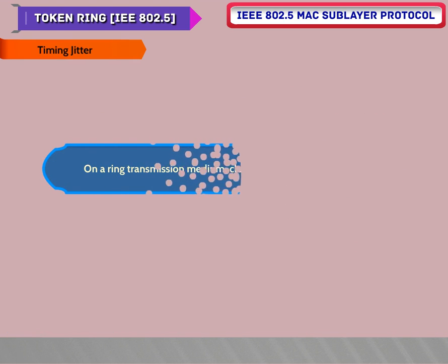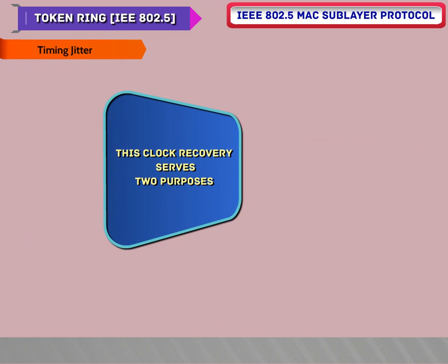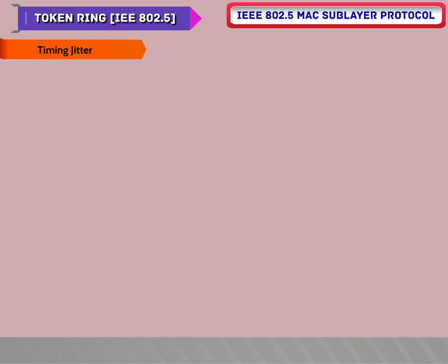Timing jitter. On a ring transmission medium, clocking is included with the signal. This clock recovery serves two purposes: to know when to sample the incoming signal, and for transmitting the signal to the next repeater.